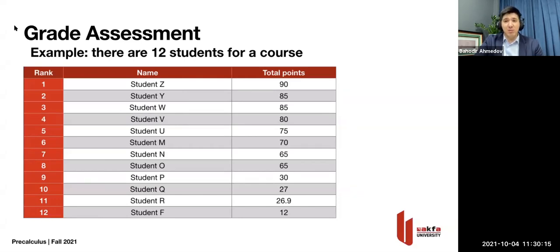Once the course is finished, we sort all of the students by the points they've got in the course. For example, in this course you may get a maximum of 100 points, and if you get 90 points and you're first, you simply get 5. Again, it really depends on your position, not on your absolute grade.